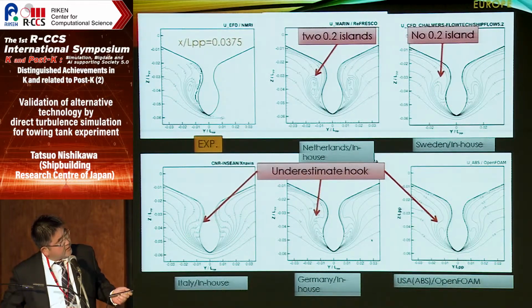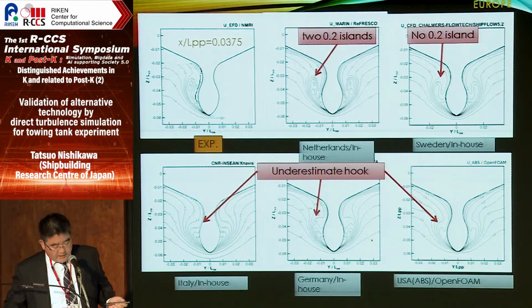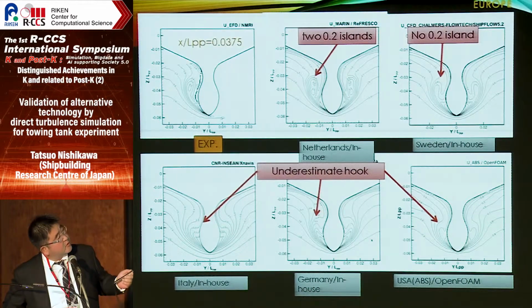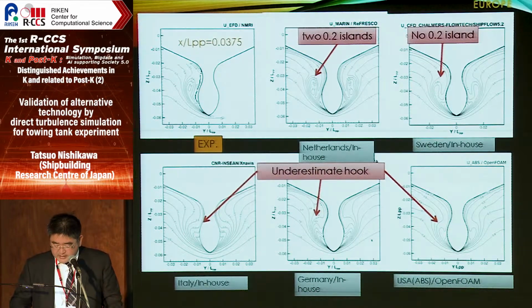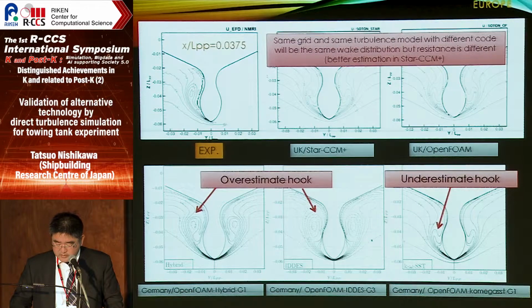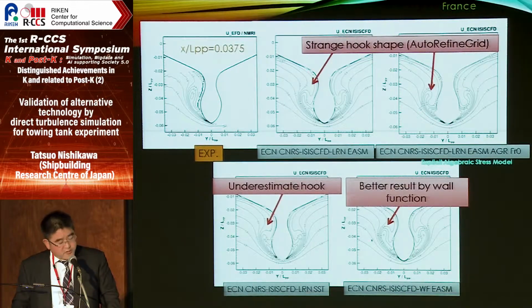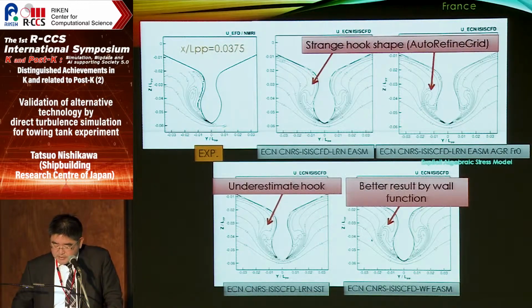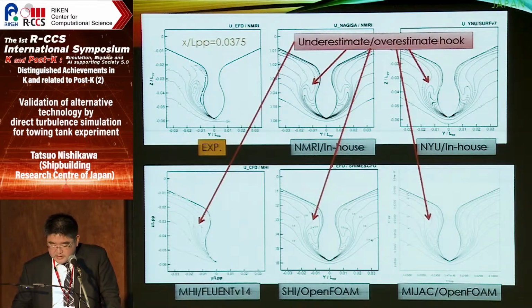And the point is that they can estimate the hook here. This one is from Europe, and the UK and Germany couldn't predict it well. And the French also didn't, even using the locally refined grid. And the Japanese results were also underestimated.